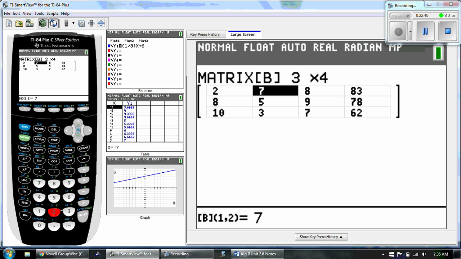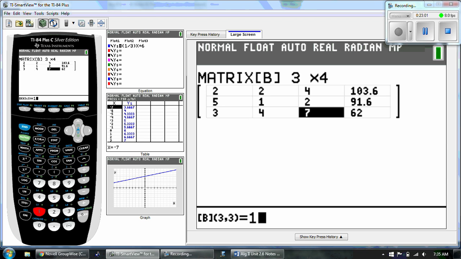We had 2, 2, 4, and 103.60. Then we had 5, 1, 2, 91.60, and then 3, 4, 1, and 92.6.